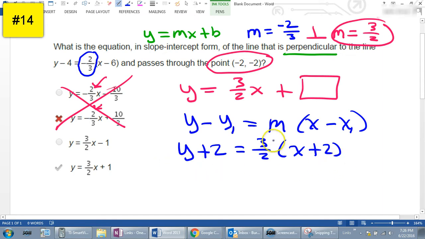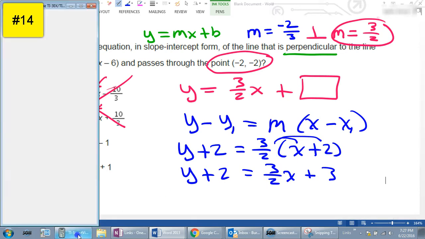Yep. And then again, I'm going to do the distributive property. So that'll be y plus 2 is equal to 3 over 2x plus, this is going to be 3. But again, if you're not sure, use your calculator. 3 over 2 times 2.